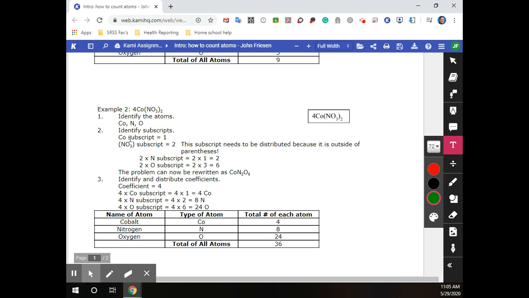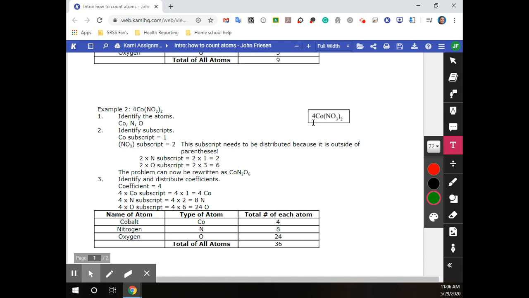So we identify the subscripts. Now, NO3 happens to be what's called a polyatomic ion. We won't get into that a whole ton, but it means that there are 2 of them. We've broken it down into N and O, and that's fine, it'll work too. This subscript needs to be distributed because it is outside of the parentheses. That means it needs to be multiplied by everything in the brackets.